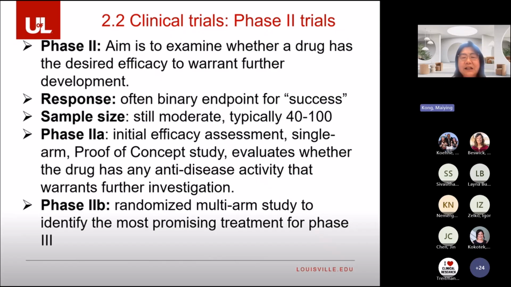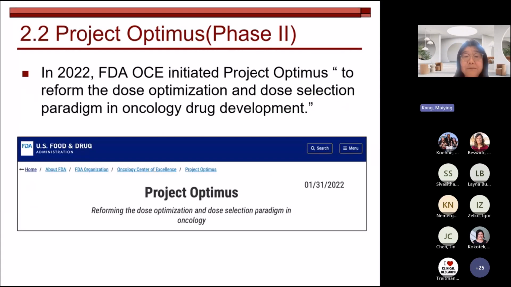Phase 2A is initial efficacy assessment, a single arm, proof of concept study to see whether there is treatment anti-disease activity that warrants further investigation. Phase 2B is a randomized multi-arm study to identify the most promising treatment for phase 3. That has lower toxicity and higher treatment effect, closer to MTD.